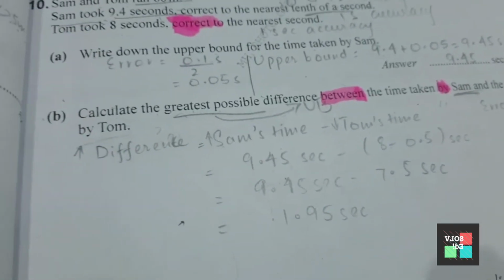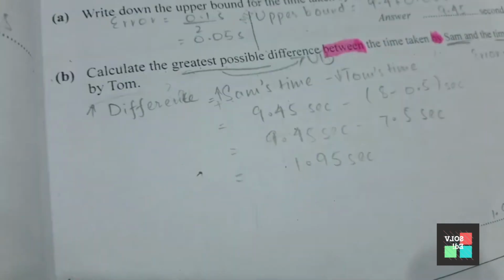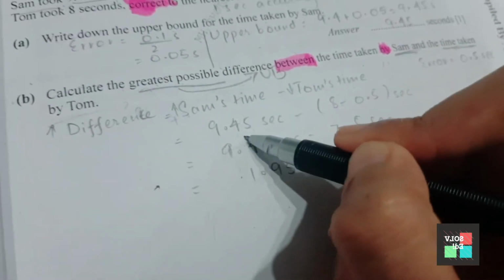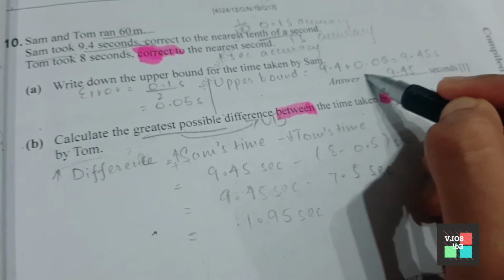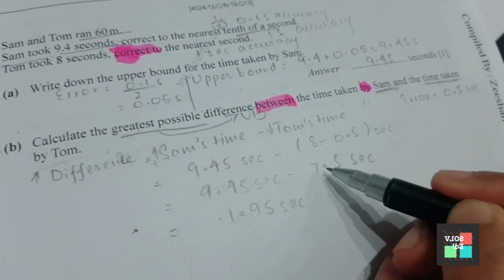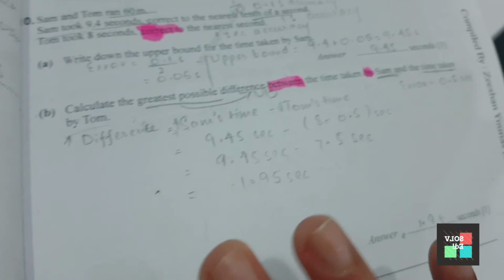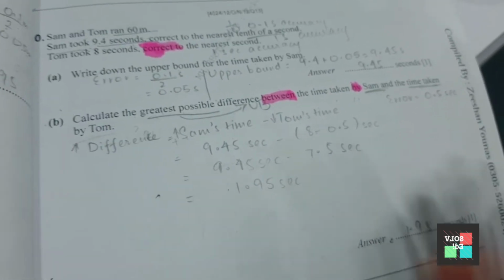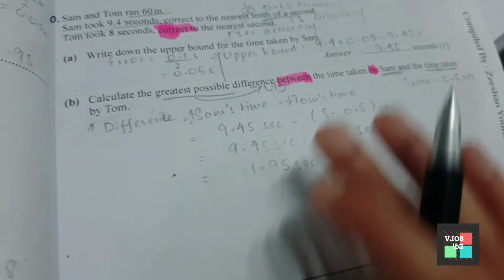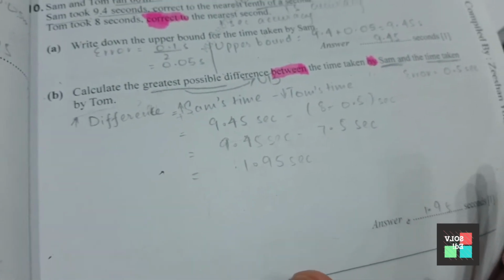We're going to subtract less and get more. We have 9.45 seconds as we calculated in the earlier part, and Tom's time we can calculate using parentheses to show the examiner a little bit of evidence that we did actually calculate Tom's lower bound time, and then we can subtract and get our answer as 1.95 seconds.